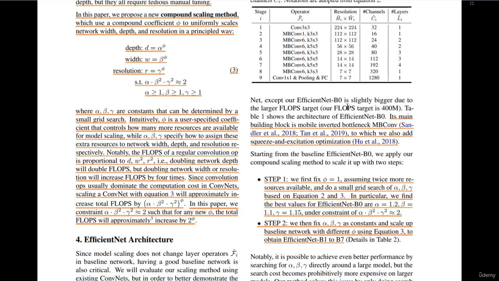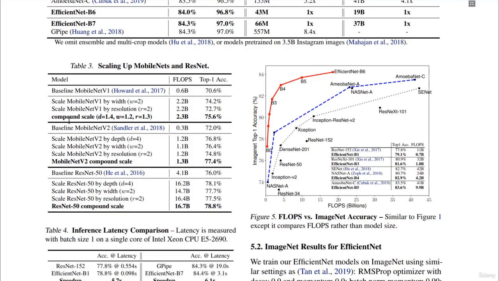Now we vary the values of phi, and we obtain the depth, the width, and the resolutions for each of the EfficientNet models. And so if we want to generate, say, this compound scale with depth equals 1.4, width equals 1.2, and r, the resolution, equals 1.3, we shall take the base and multiply its depth. So if we have, say, 14 different layers which are stacked, we shall multiply this 14 by 1.4 to obtain the number of layers for this new model, and then the number of channels, that's the model width, will be increased by a factor of 1.2, and then the resolution of the input images will be increased by a factor of 1.3.